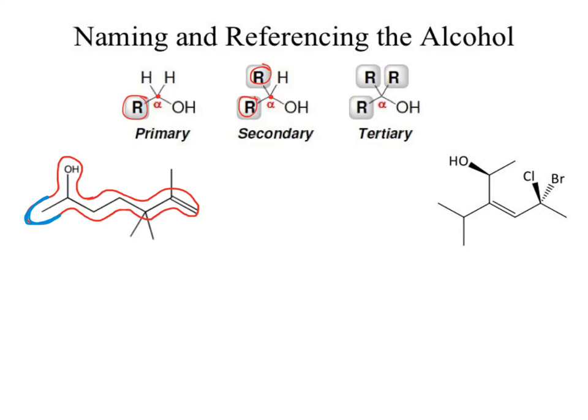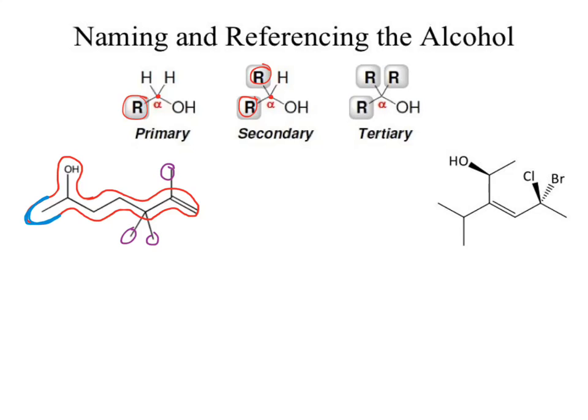Does that kind of make sense? Why did I not circle this carbon as part of the longest chain? The alkene has a higher priority than the alkanes, so I'll name that as a substituent. So we've got 1, 2, 3 substituents that we can name on this.